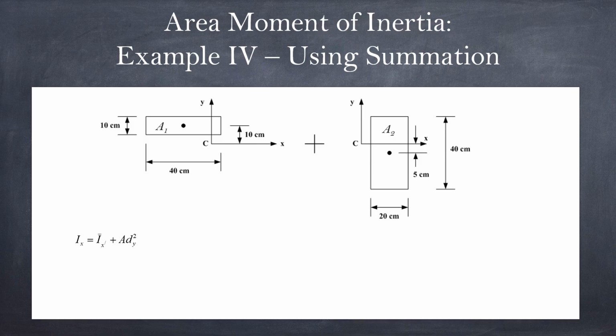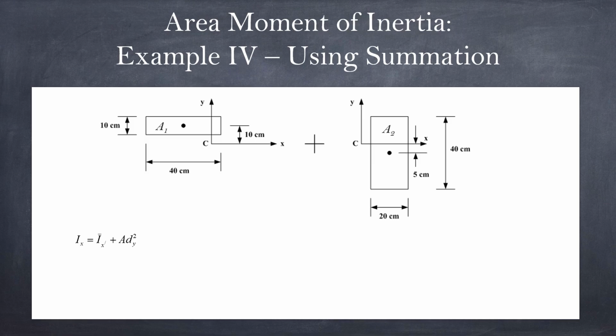Once we know the position of the centroid, we can use the summation form. I also draw the axes at the centroid, the x and y; that is the total centroid in the middle. But when we calculate, if you remember the equation, b h cubed over 12, that one is at the local centroid, which is the area centroid that I have as a dot here.